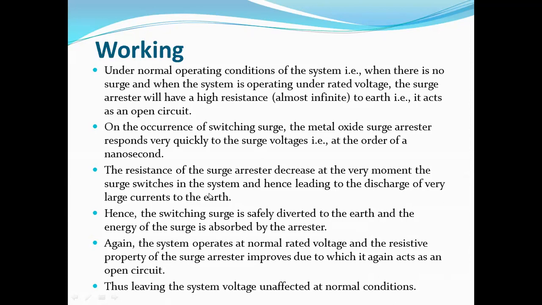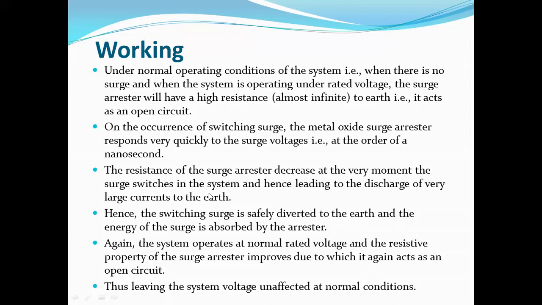So what happens? If the voltage is absorbed by the arrestor, it is given towards the earth, and whatever current is produced at that time is given towards the earth only.